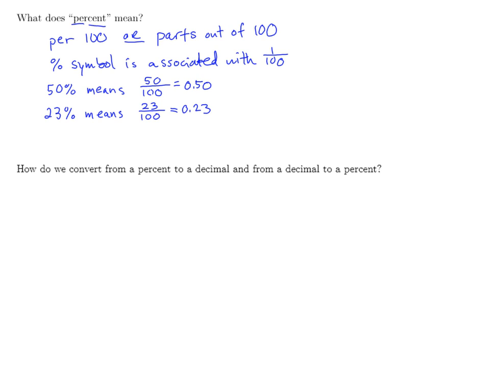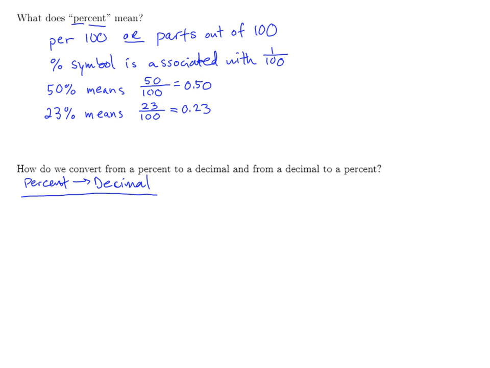Okay, so from there, we're going to talk about how we convert from a percent to a decimal and from a decimal to a percent. We've done this a little bit above, but we're going to formalize that process. To go from a percent to a decimal, the key is that we're going to drop the percent sign.